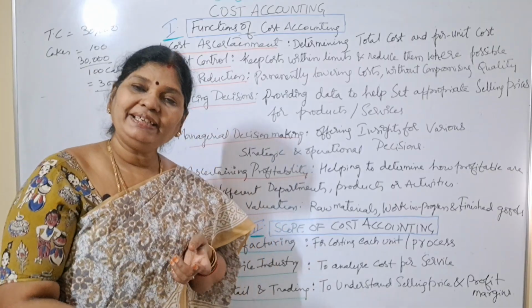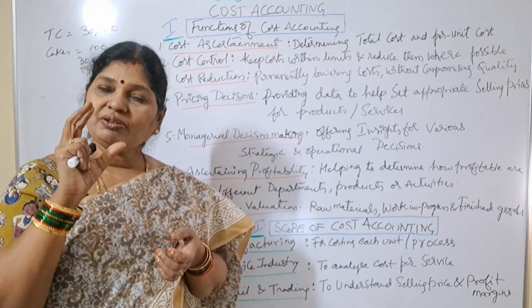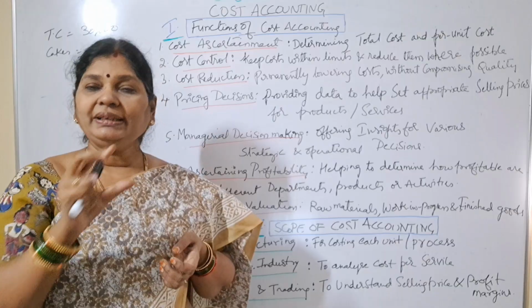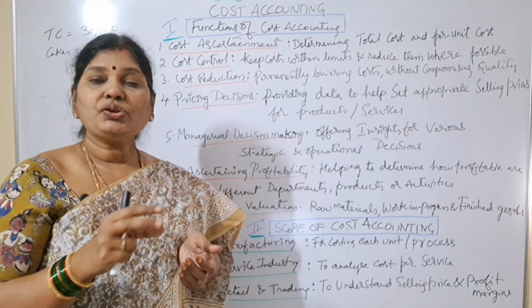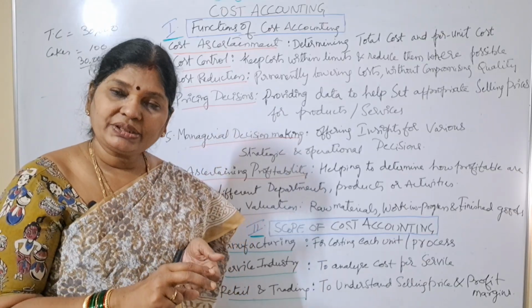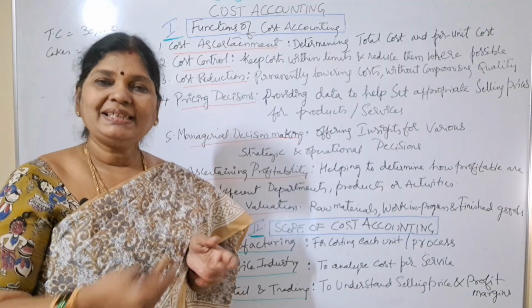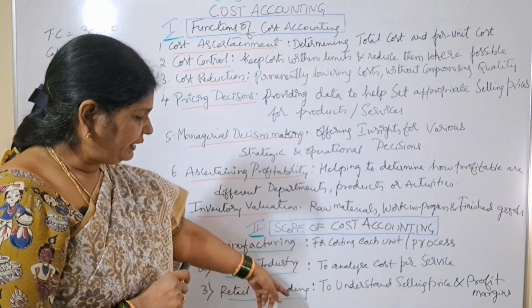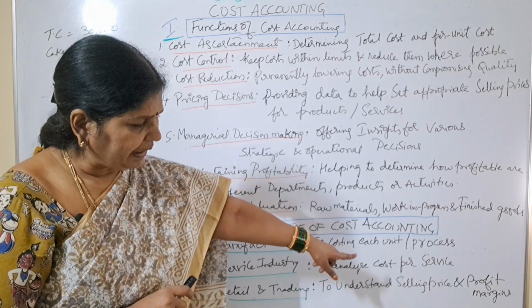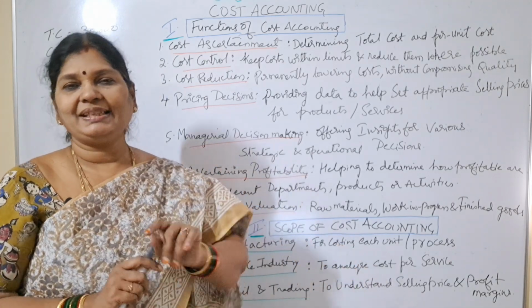After knowing all these costs, they will come to know what cost they are incurring on a particular product. Based on that cost, they will decide their profit margin and fix the selling price. In retail and trading, we should understand selling price and profit margin in this way.